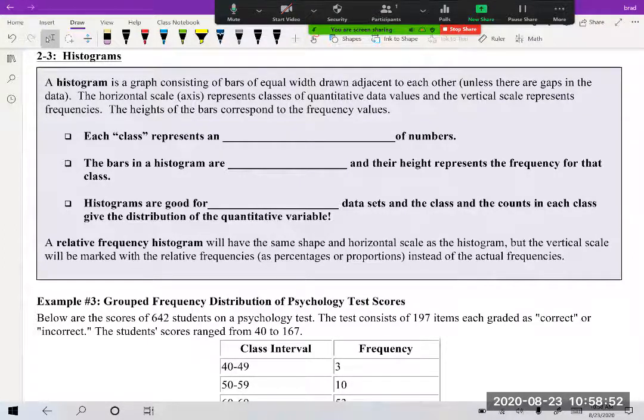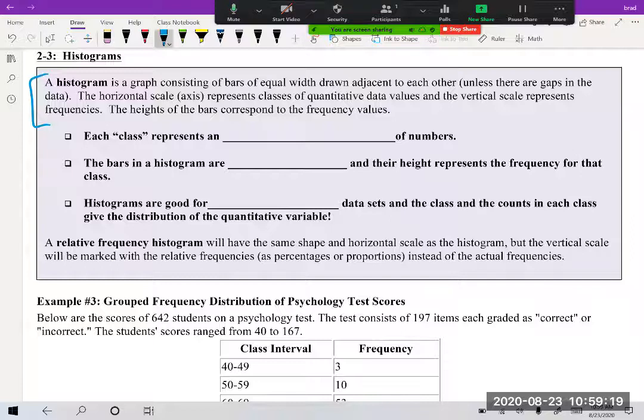Okay, so now we can move on to histograms. A histogram is a graph consisting of bars of equal width drawn adjacent to each other, unless there are gaps in the data. I've even seen sometimes the computer will draw it with gaps in between, not intending them to be gaps in data. I don't know why they do that sometimes, because by the very definition, it's not supposed to have gaps in the data unless there's actually missing data for those particular values.